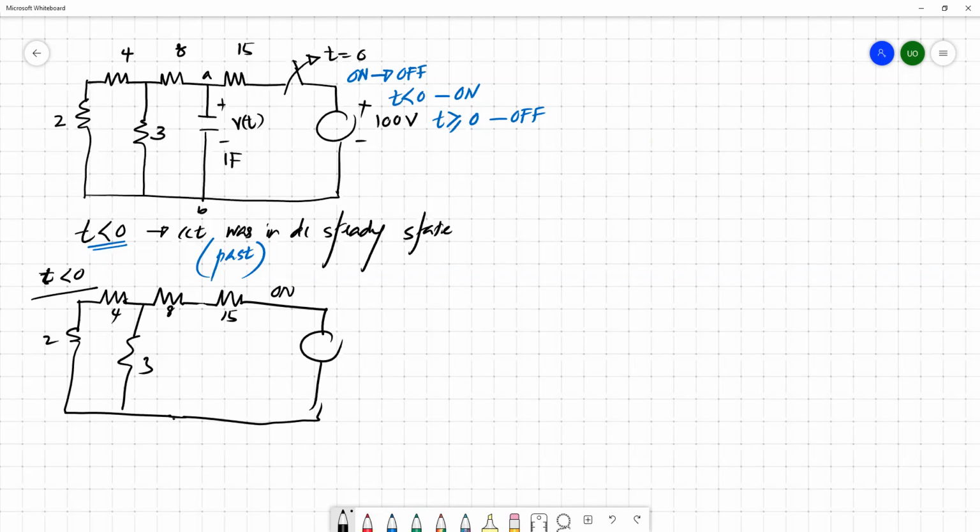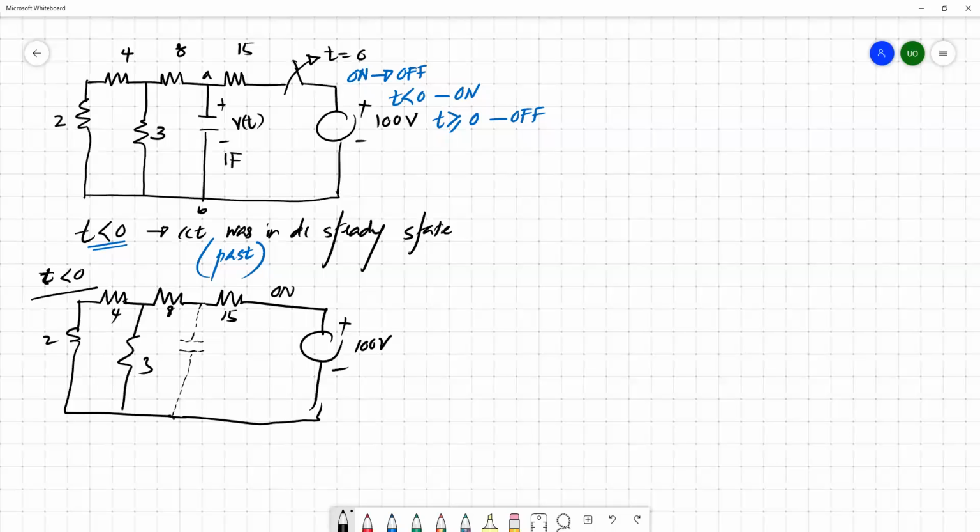So this capacitor acts as an open circuit element. But we know that this capacitor is here. For simplification, once we simplify the circuit, we replace the capacitor with an open circuit.